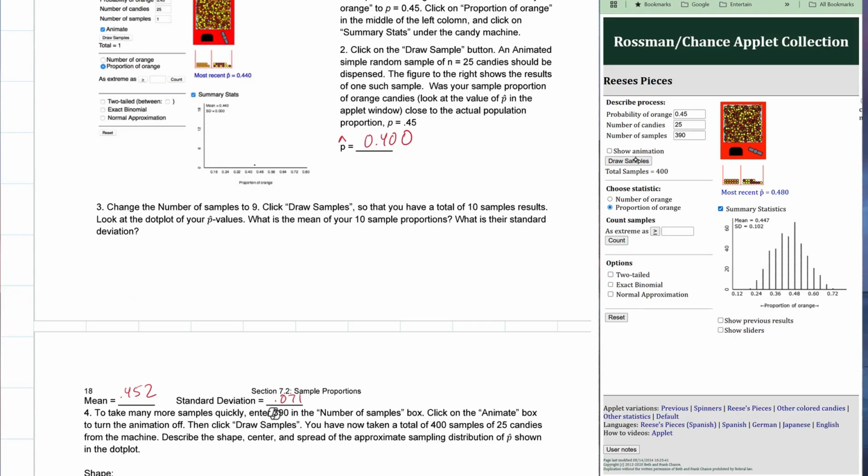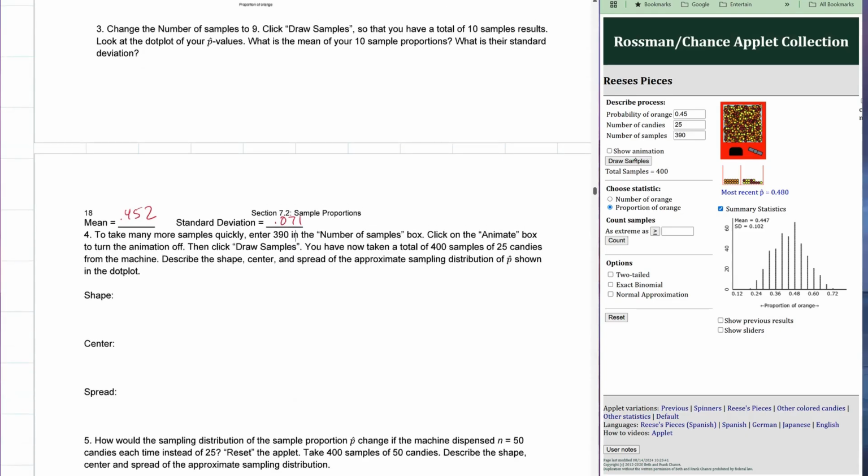How would we describe different elements of that estimated sampling distribution? Well, the shape looks approximately normal to me. Certainly, it's got a single mound in the middle and goes off towards the tails. So I'll say the shape is approximately normal.